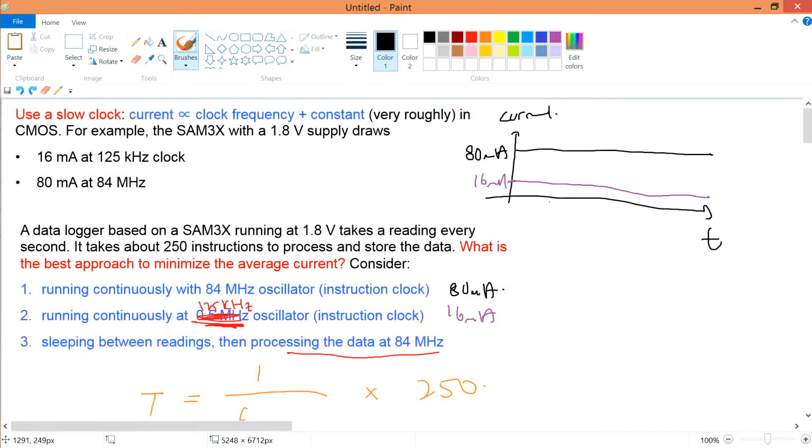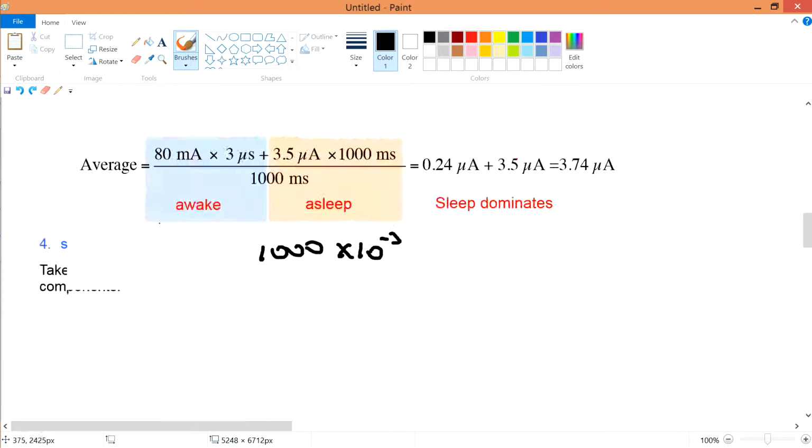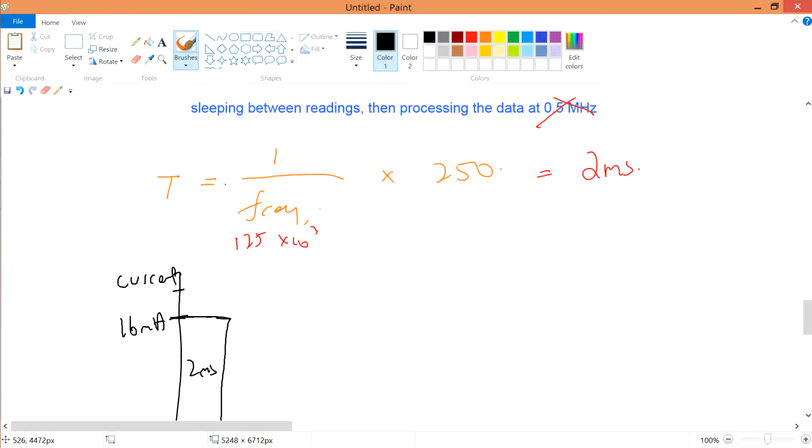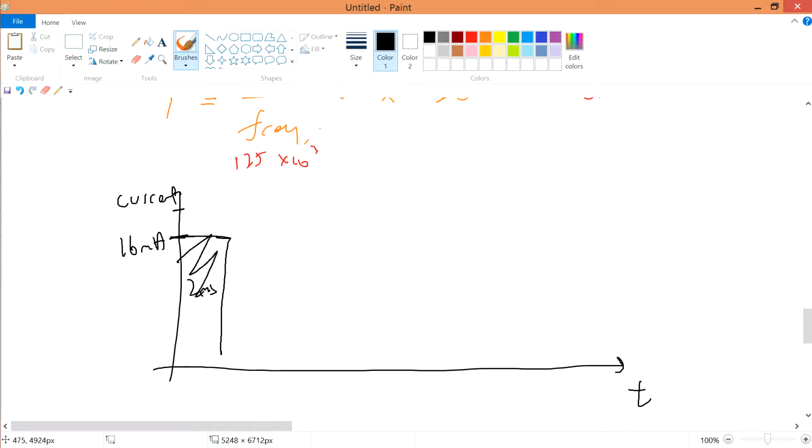This is what we are showing you, right? You're taking in 16 milliampere. So I'll just show you over here. This is at 16 milliampere for 2 milliseconds. So you take in 250 instructions within this 2 milliseconds.